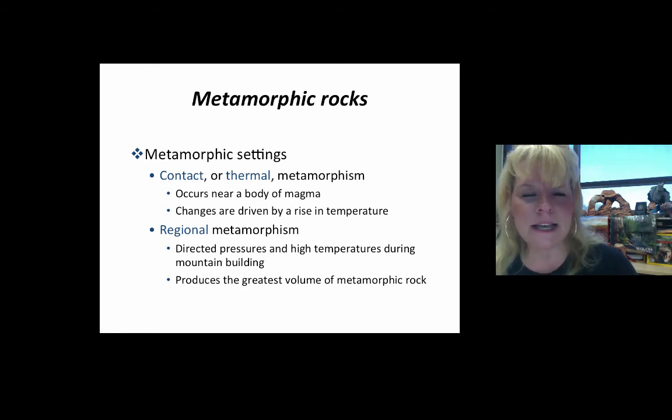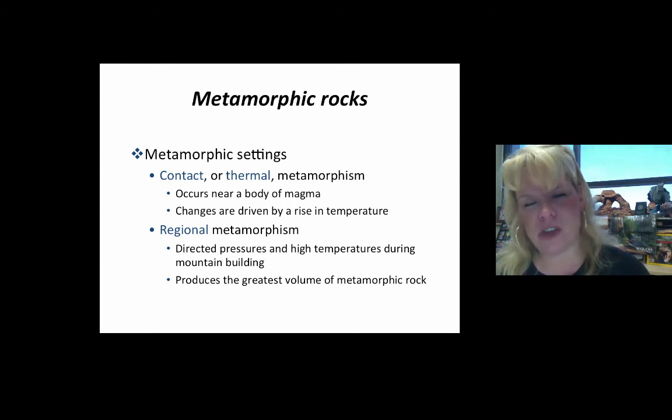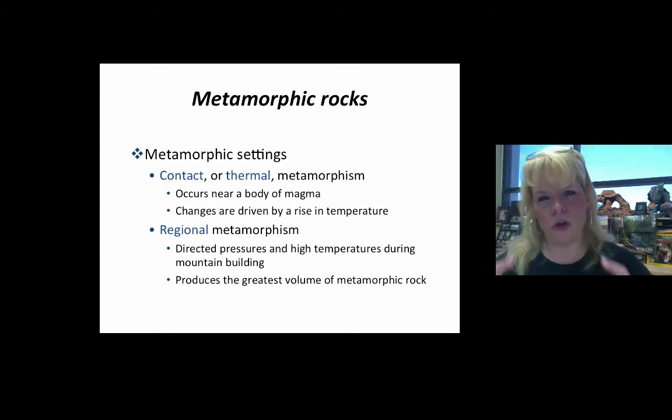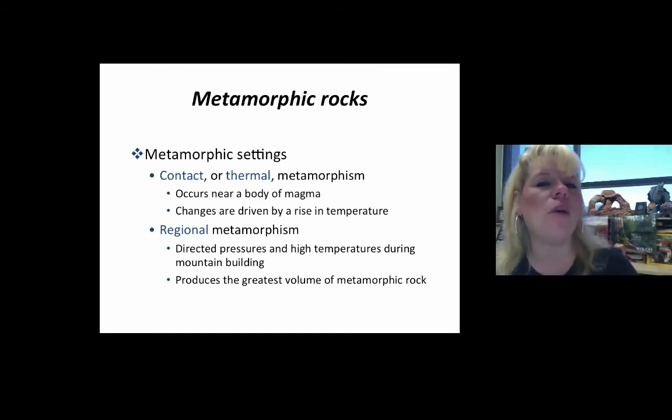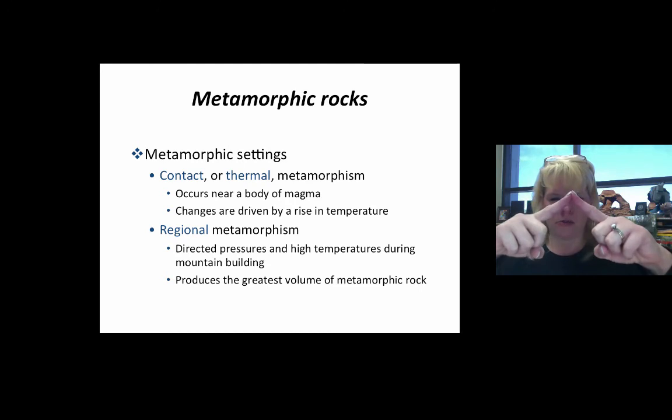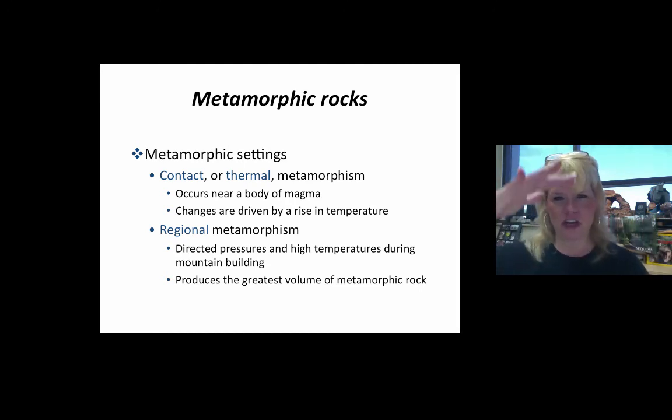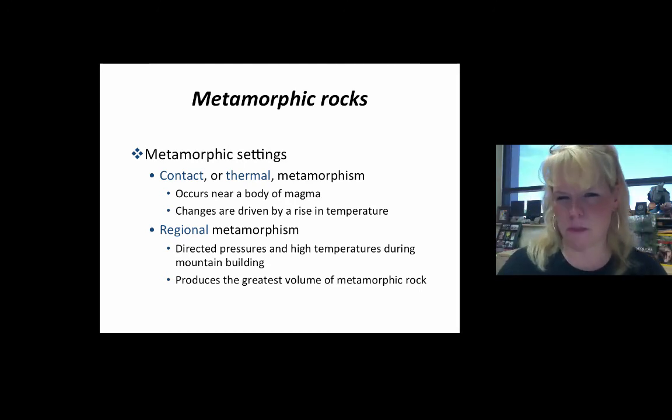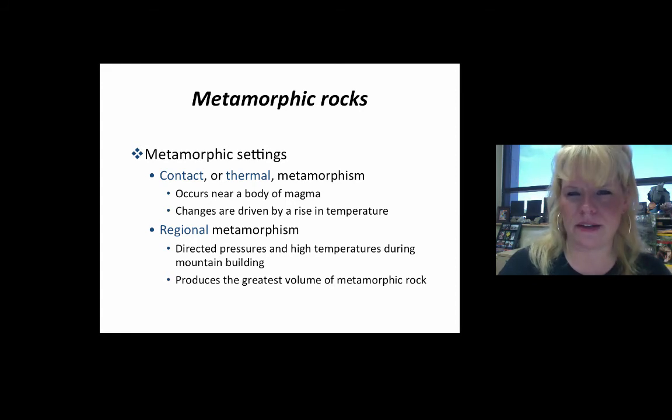They have new names. Contact means that if you had, for example, a magma chamber, and that magma chamber was heating up rocks around it, the rocks would get cooked and probably almost melted, but not completely melted. That would be contact metamorphism. Regional metamorphism is if you have a big mountain, like Mount Everest, for example, sitting on top of miles and miles of sedimentary strata.